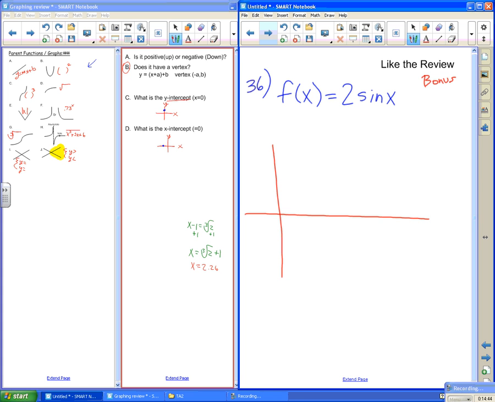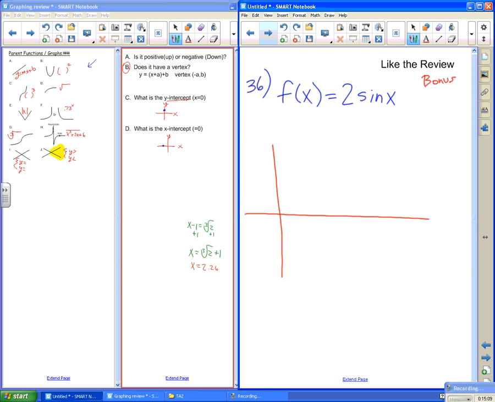And then if we follow our steps, then we should be able to narrow it down a little bit.